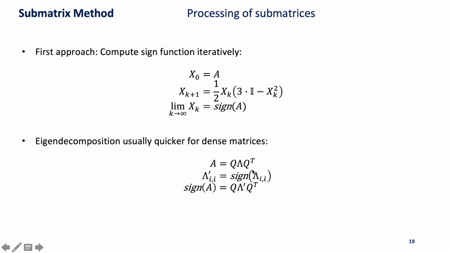So what we can also do is to decompose A into its eigenvectors and eigenvalues, and then apply the sign function to all the eigenvalues of the matrix, and use these modified eigenvalues and eigenvectors to generate sign of A, where A is the submatrix in this case.